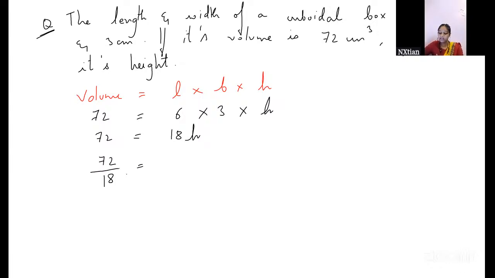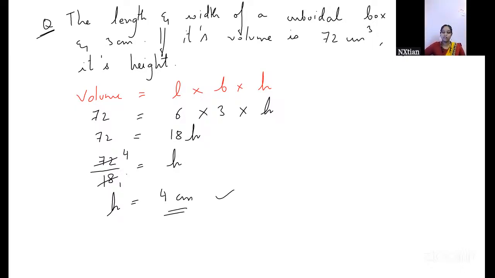We'll take 18 to the other side. It becomes 72 by 18. Or we can write h equals to 72 by 18. Cancel. h is equals to 4. So we have height that is equals to 4 centimeter.